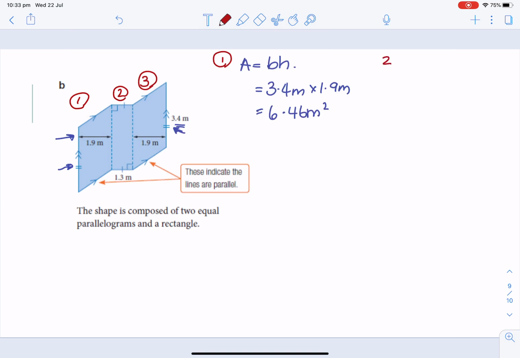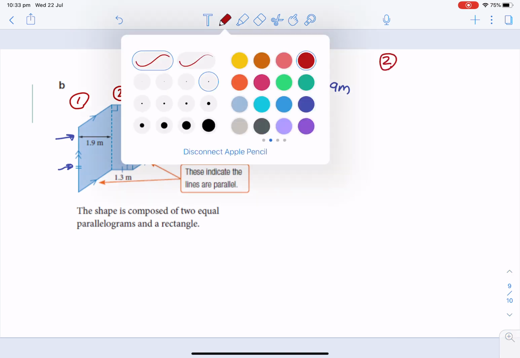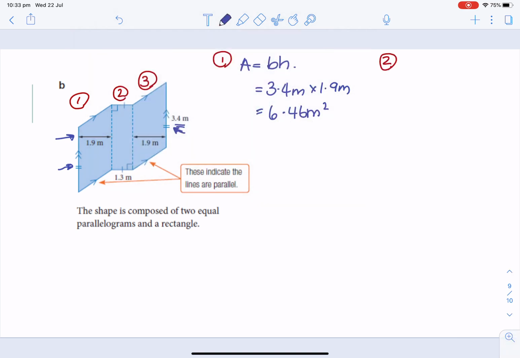So onto my second shape. This is the rectangle in the middle. It has one side unlisted, the other side being 1.3 meters. So my area is equal to length by width, and I need to try and identify my length and my width. So I'm going to call this guy down here my 1.3. That's going to be my width.